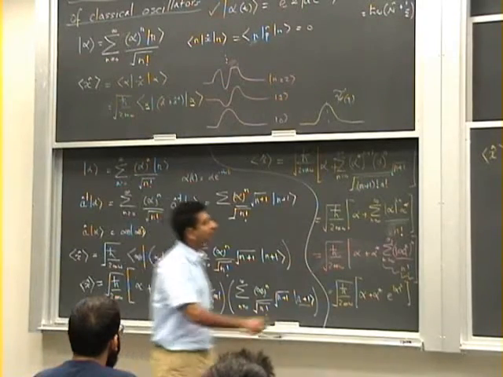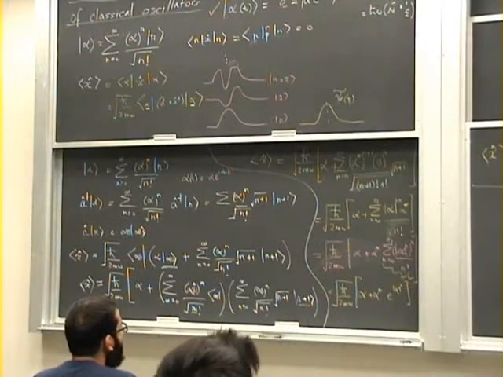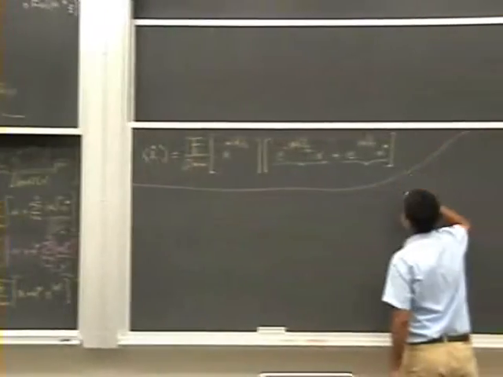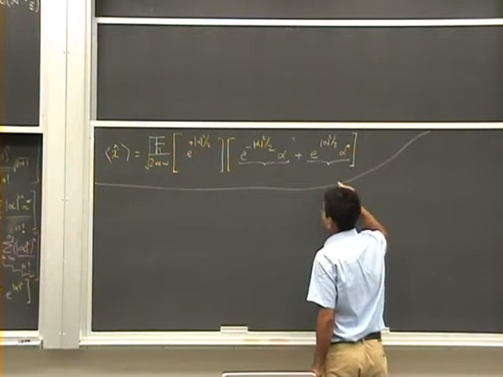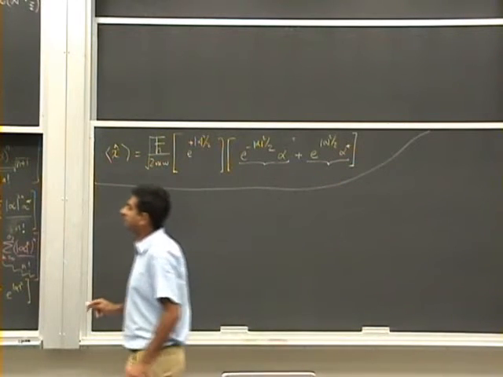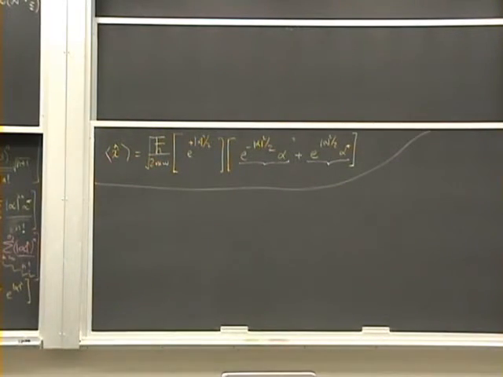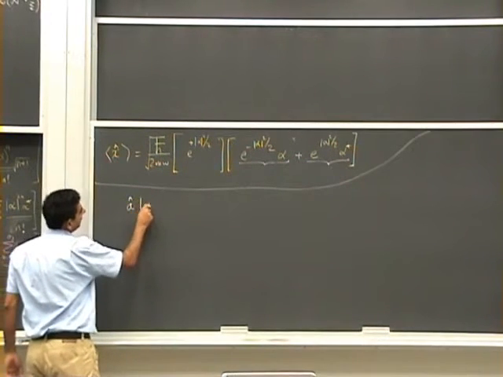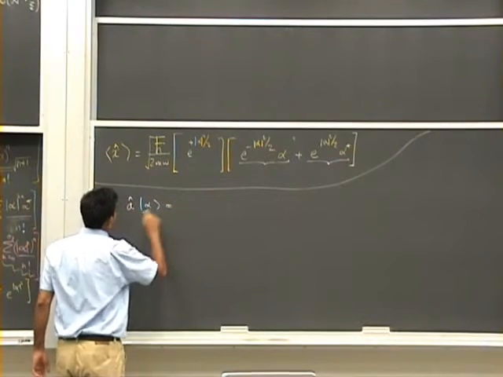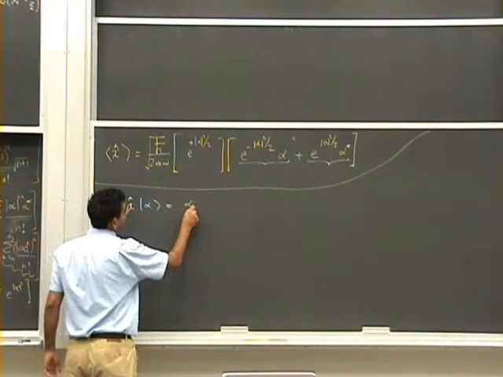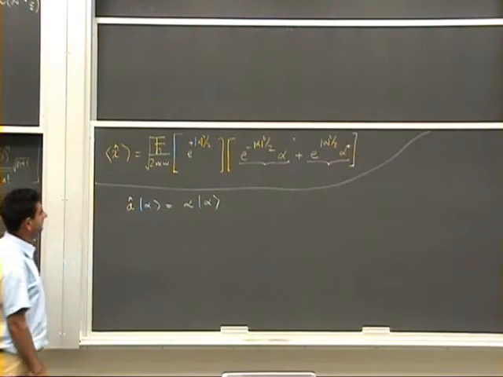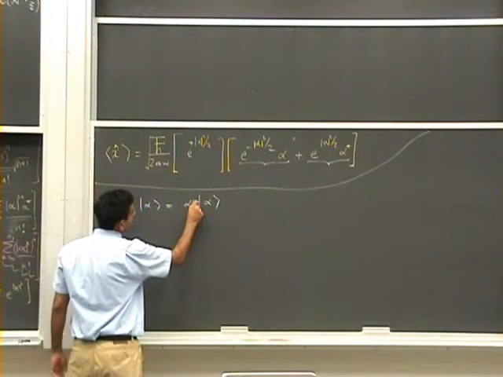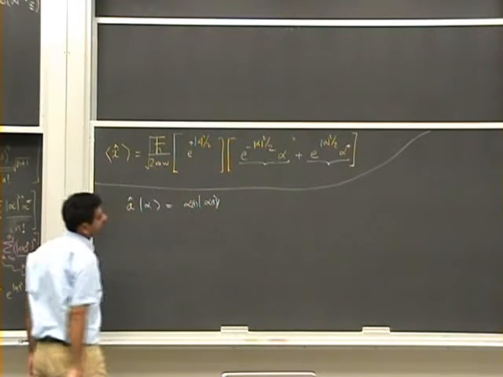It's complicated. So let me try to do this with another approach. I have to put in time dependent factors here. So this approach is going to get complicated. Let me try another approach. Let's look at this. If I have the lowering operator acting on alpha, I get alpha, right? This is time dependent and so is this.